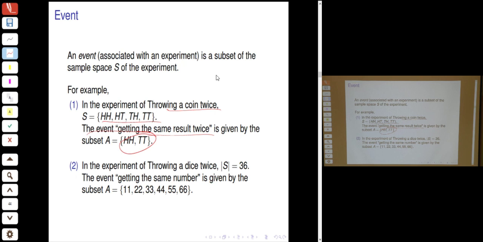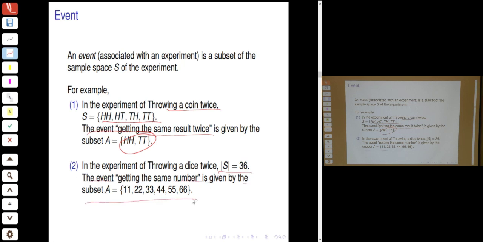Heuristically speaking, an event is a phenomenon with which you associate chance. Mathematically speaking, if you think of the sample space as the totality of all possible outcomes, or a set, then an event is just a subset of the sample space, a sub-collection of the outcomes of the experiment. In the experiment of throwing a die twice, the size of the sample space is 36.